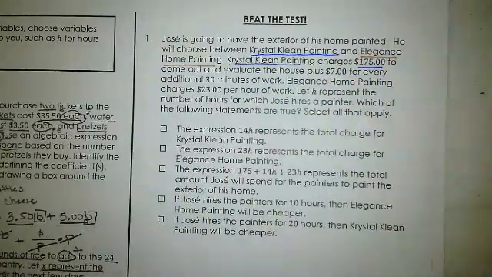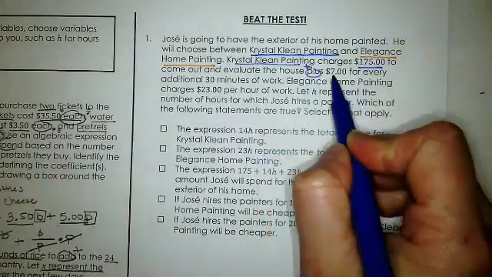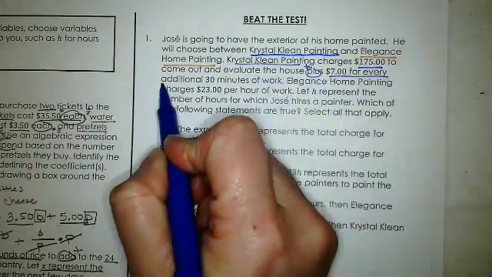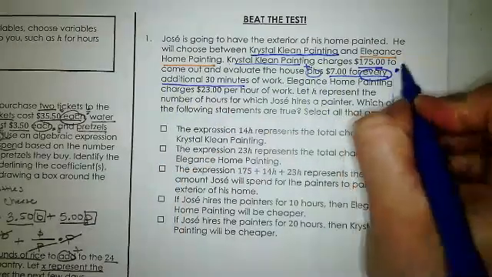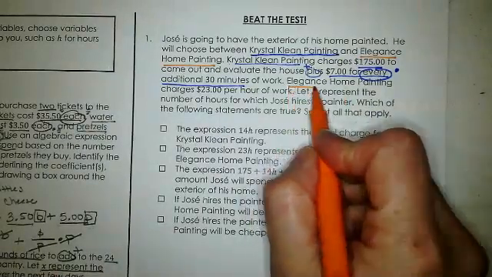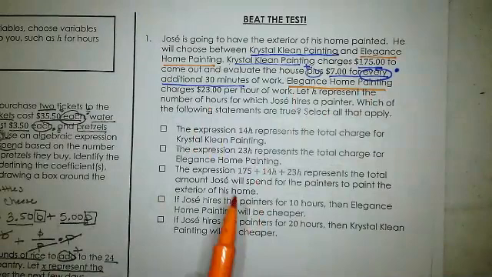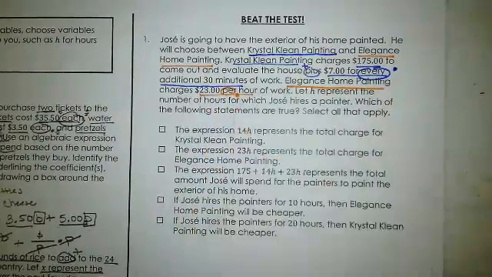So just to show up, it's $175 plus $7 for every additional 30 minutes of work. So that's going to be 7 times however many groups of 30 minutes. Elegance Home Painting charges $23 per hour. H is going to be the number of hours.